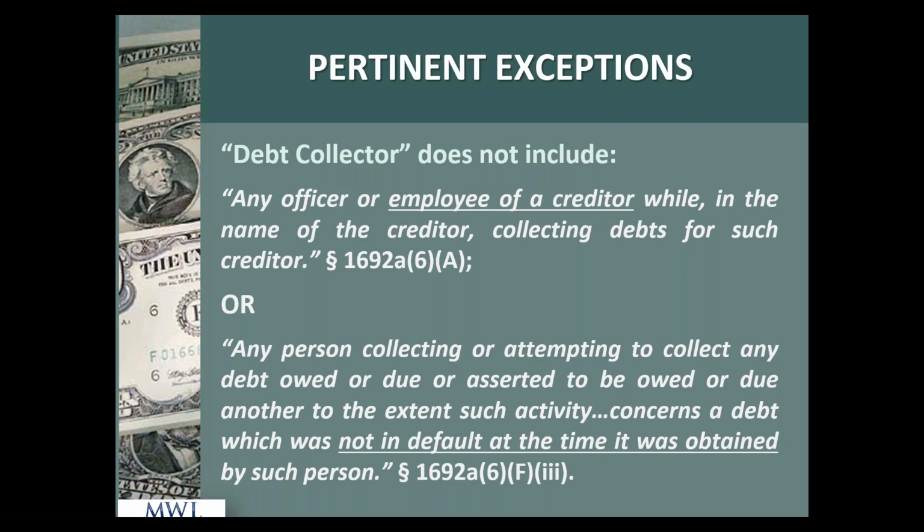The second one, though, which is slightly more confusing, is any person collecting or attempting to collect any debt owed or due or asserted to be owed or due another to the extent such activity concerns a debt which was not in default at the time it was obtained by such person.